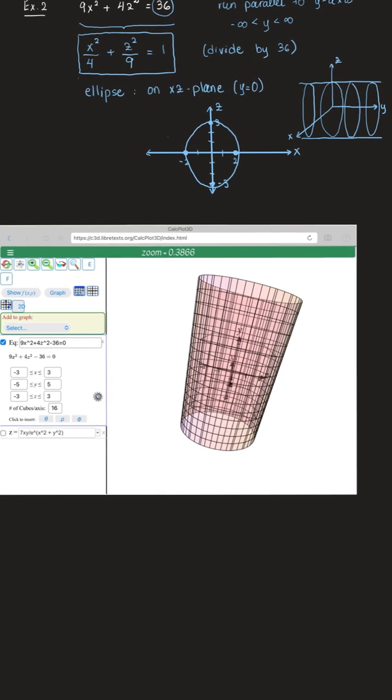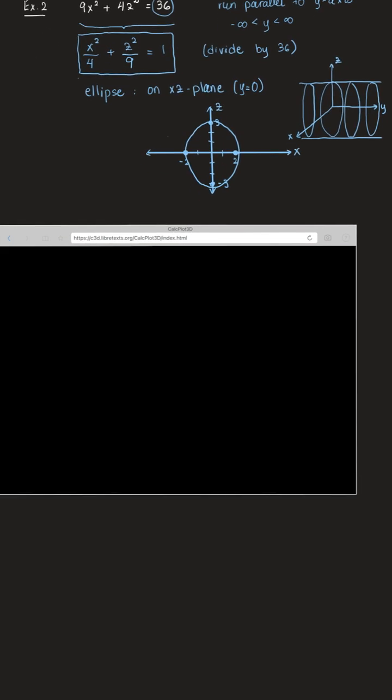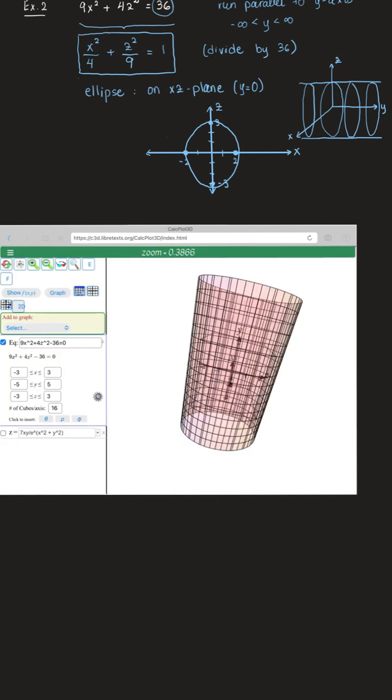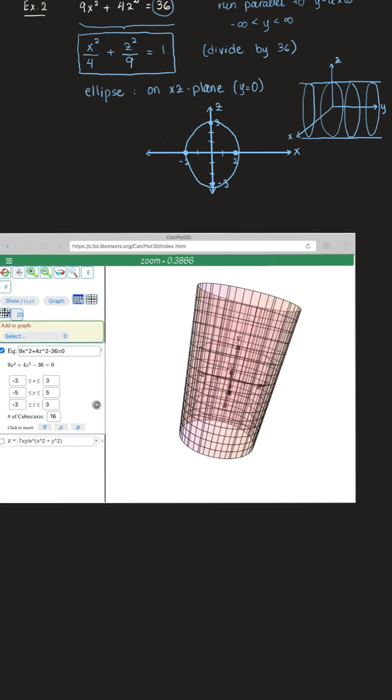And what I want to show you here is the way that I've set this up is I have the y-axis here running vertically. So you can see that the trace of the ellipse on the xz plane at the bottom here gets repeated along the y-axis. So the y-axis is what this cylinder runs parallel to.